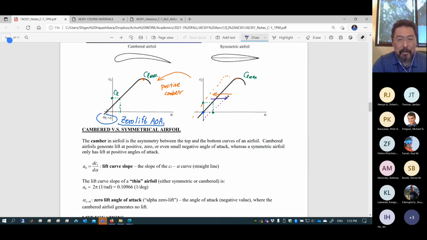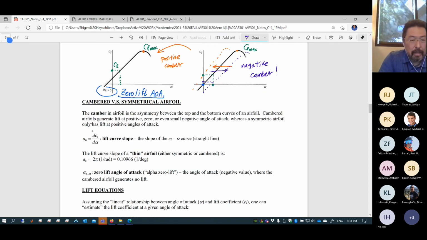So this is negative camber, an upside down, positively cambered airfoil. So with the same angle of attack, you only produce this much lift coefficient.